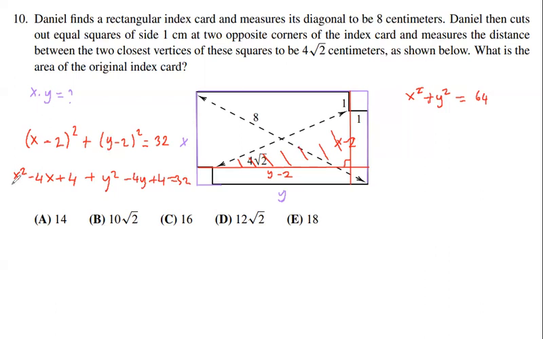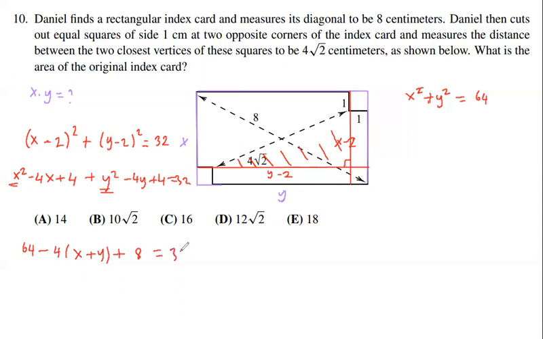And I do know X squared plus Y squared adds up to 64, so I can replace with that. So that should be 64, and then minus 4X minus 4Y. So I can take out minus 4, so that should be X plus Y. And then I have 4 plus 4, which is 8.